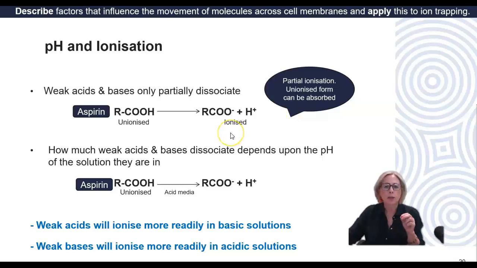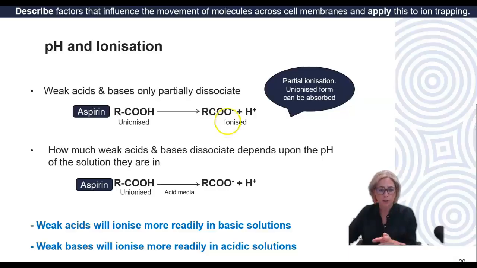Now, how much weak acids and weak bases dissociate depends upon the pH of the solution that they're in. Let's go back to our aspirin. We have it here. And let's say we place that aspirin into an acidic media. What you're going to find when you put the aspirin into the acidic media is that this is not going to happen.